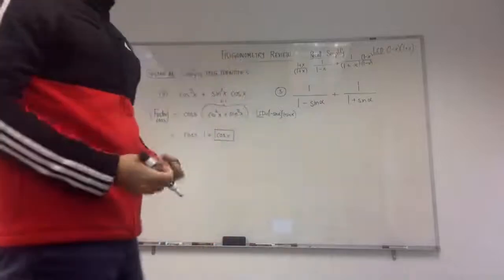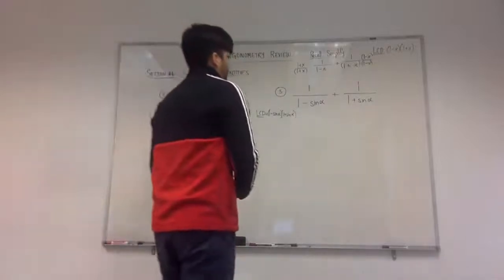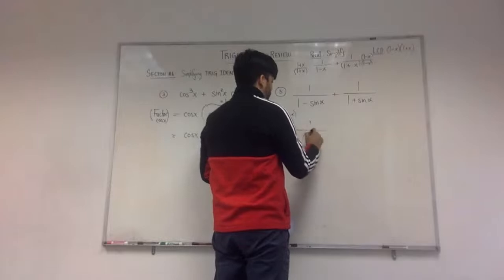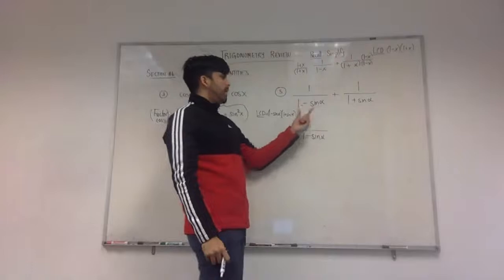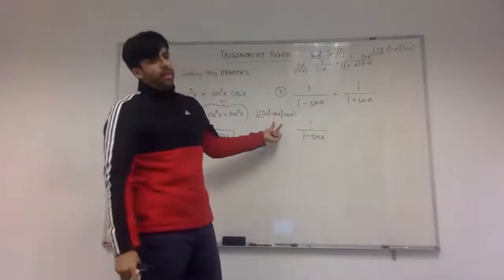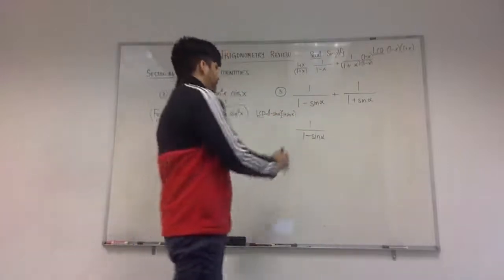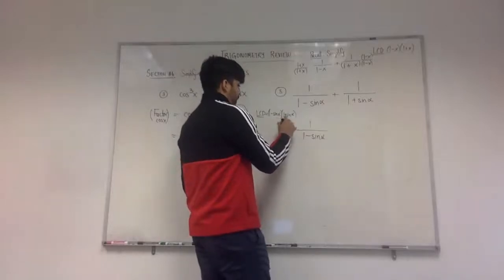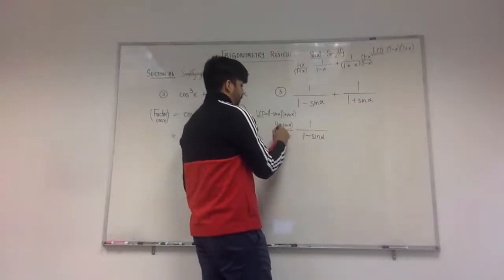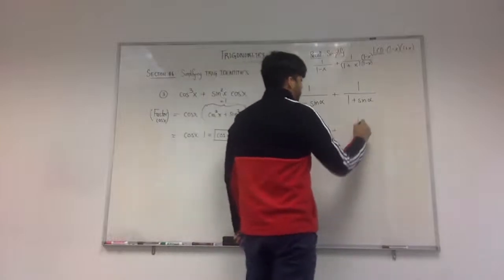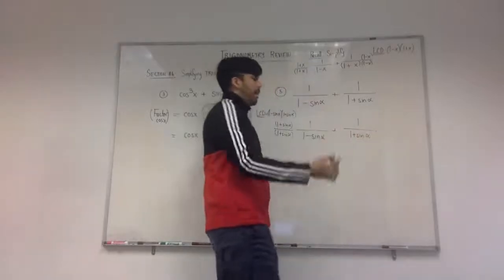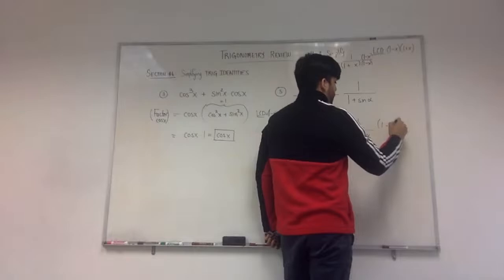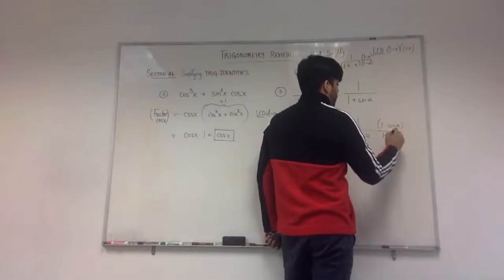I'm going to do the exact same thing here. 1 over 1 minus sine alpha. What must I multiply to 1 minus sine alpha to get 1 minus sine alpha times 1 plus sine alpha? I need to multiply by 1 plus sine alpha over 1 plus sine alpha. Then I have to add 1 over 1 plus sine alpha. And I must multiply the top and bottom by 1 minus sine alpha.